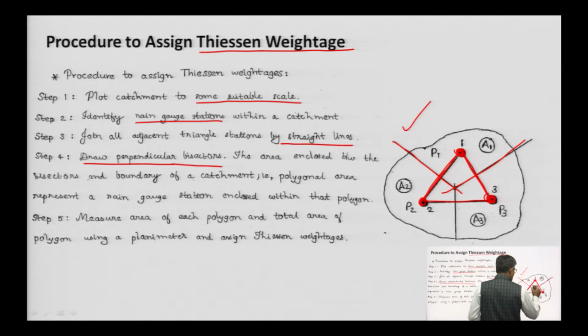Similarly, this one is the bisector of the line joining station 2 to 3. The area enclosed between the bisectors and the boundary of the catchment, that polygon area, represents the rain gauge station enclosed within that polygon.